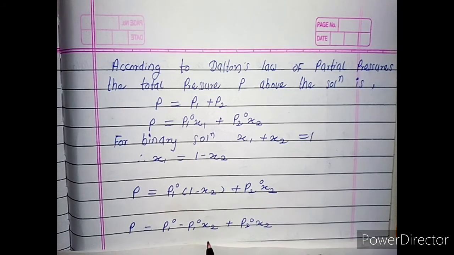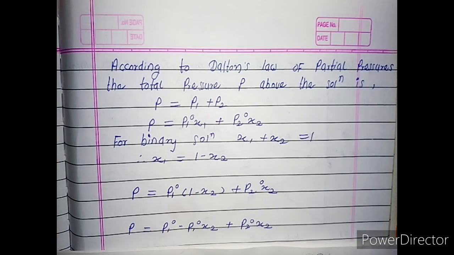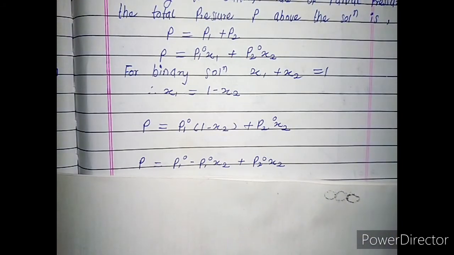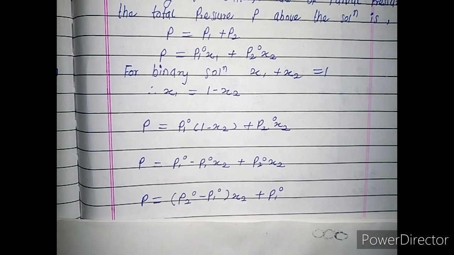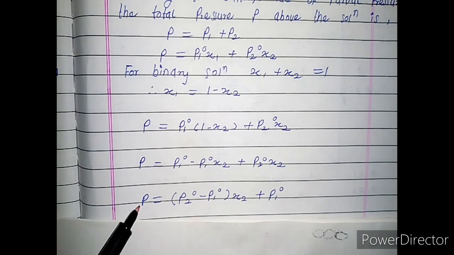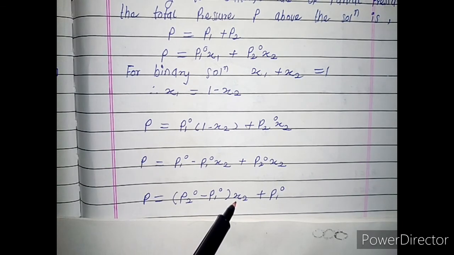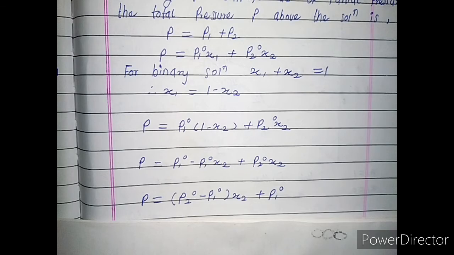Now from the second term we have to take X2 common. After taking X2 common, we get total pressure P is equal to p2° minus p1°, out of the bracket, X2 plus p1°.